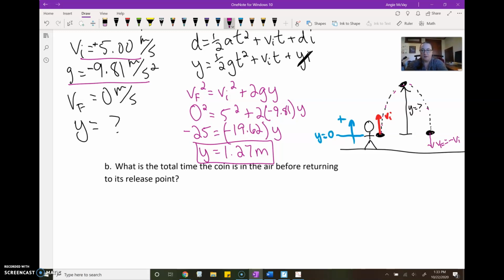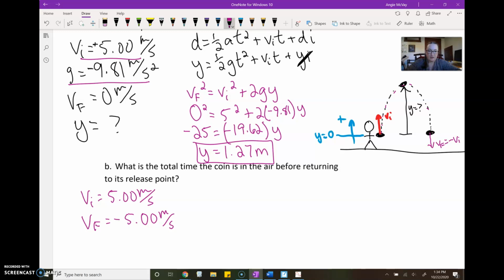Right, so here we can say v initial equals 5 meters per second. That was its launch speed. If the coin returns back to that same height, it will have a final velocity that's equal and opposite to that. So it would be negative 5 meters per second. The same speed, but going in the opposite direction.